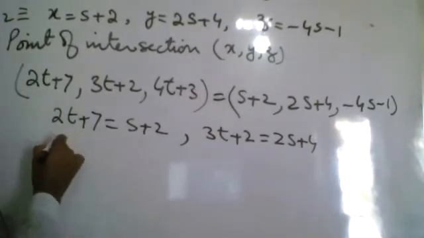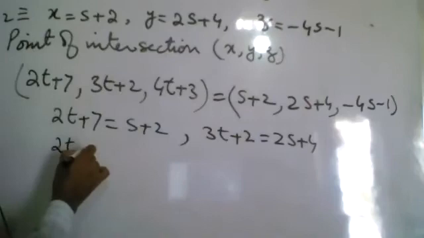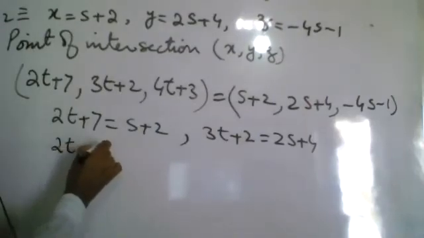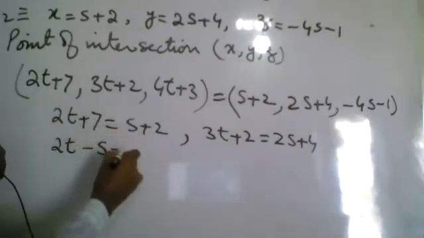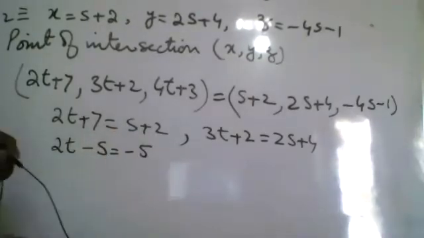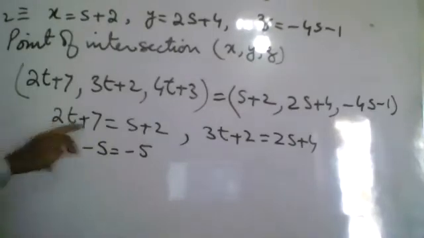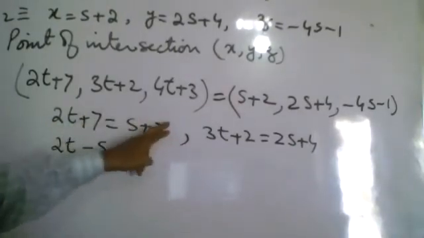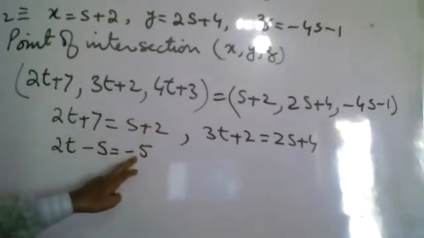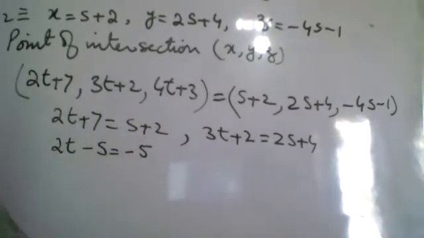This will be 2t minus s is equal to 2 minus 7. 2 minus 7 will be minus 5. This is one equation.